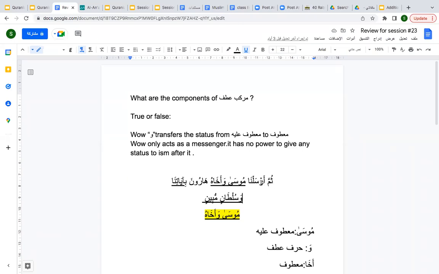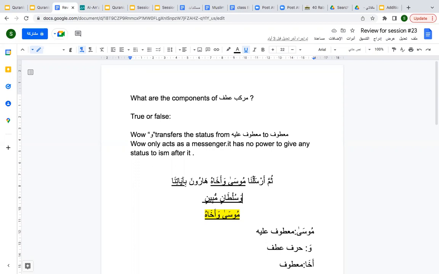Arsalna, we sent. So what are your 3 steps when you see a sentence like this? Who's going to tell me the 3-step approach, if I have to determine why this is nasb in status? Does anyone remember? Number 1, in any given sentence, we figure out what is our action. Action was sent, right? Then action, doer. Number 2 is doer.